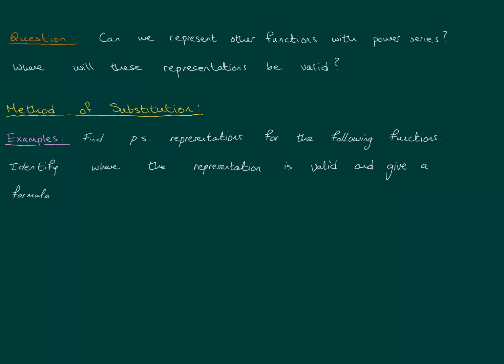And give a formula for the c_n's, because remember each power series is defined uniquely by the c_n's. So, first example, h(x) is 1 over 1 plus x. Second example, j(x) is 1 over 1 plus x to the 7. Okay, so at this point of the video, pause the video, attempt these examples, and then afterwards I'll start the solution. You can check your answer against that.